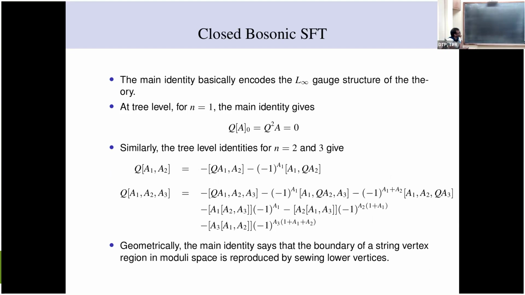At level n equal to 2 and 3, at level n equal to 2, which means basically you are considering 3 point, and for 3 point there are no degenerations.